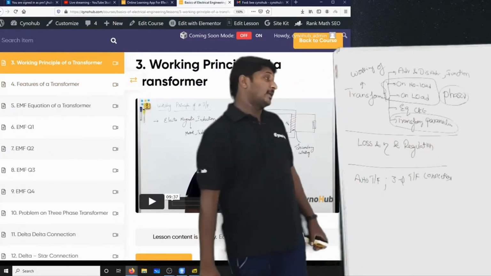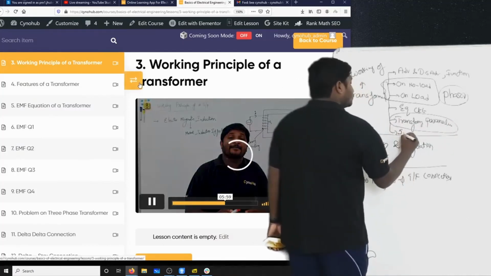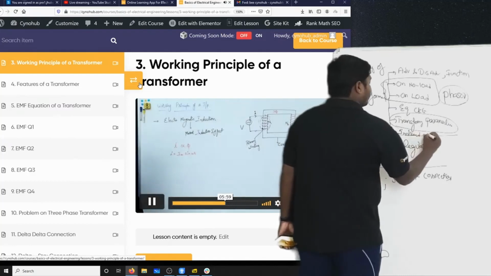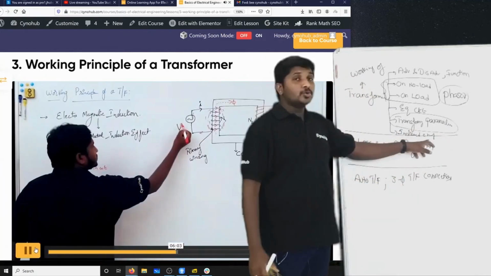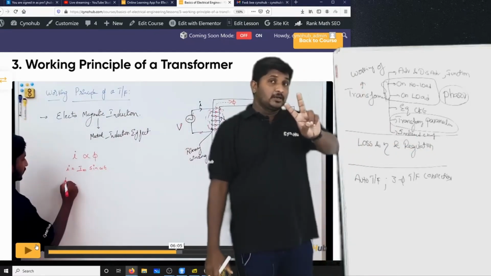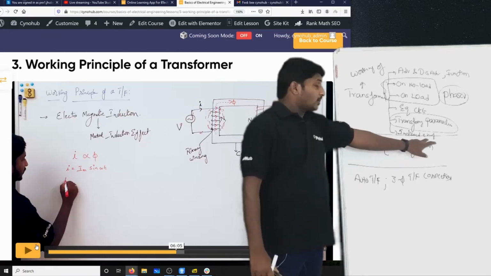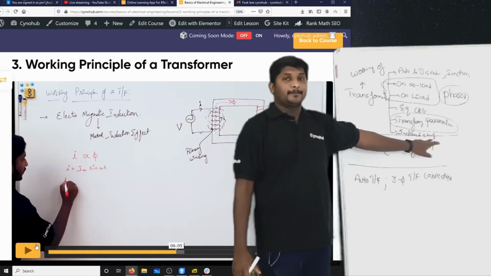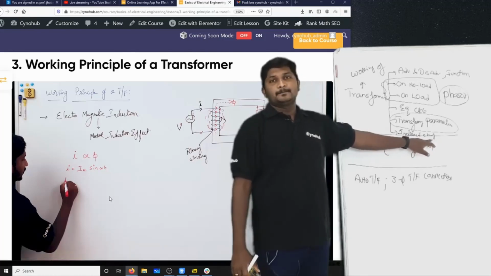Transferring of parameters, and also another one is induced EMF. So another very important topic is induced EMF derivation and its numericals. Okay, two models of numerical. One numerical is based on the EMF formula, E = 4.44 f Φm Bm.